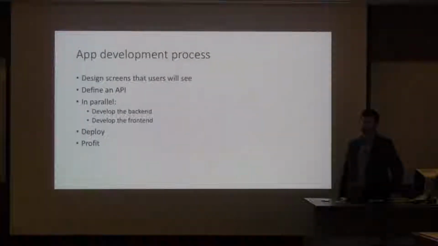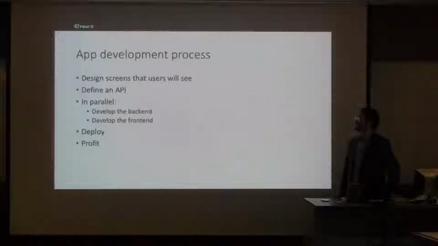I think this is a really excellent way to start because it makes your ideas concrete and forces you to wrestle with, OK, what exactly is going to be in this app? How are users going to interact with it? A lot of times that process of making your vision more specific and concrete can be really helpful to guide the process of developing the app in general. So I recommend that as a first step. But once you're past that, the next step would be to define an API.